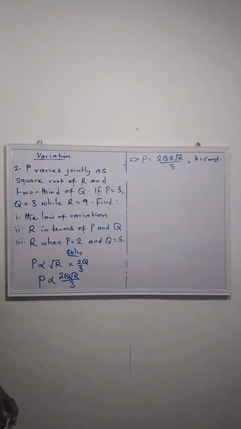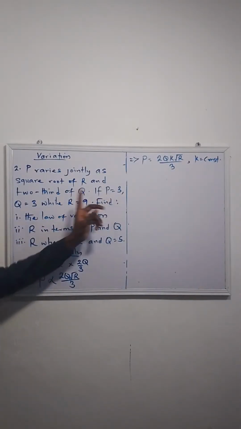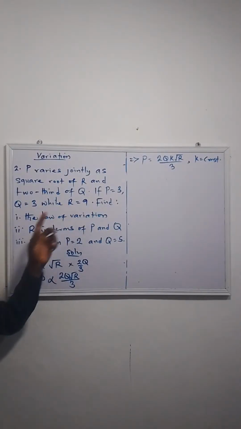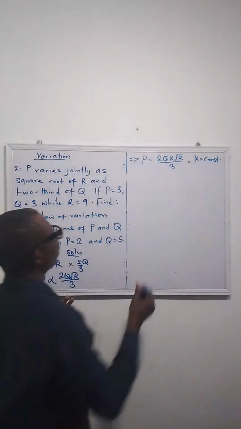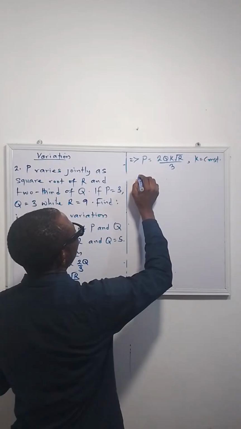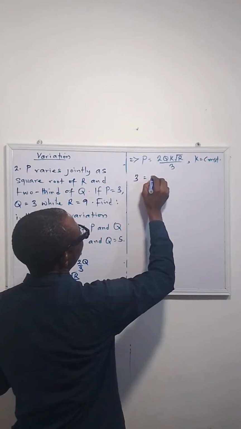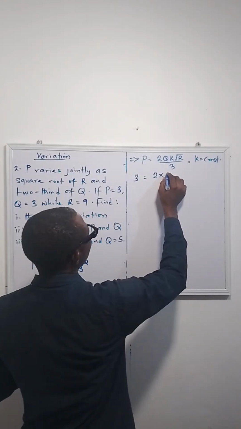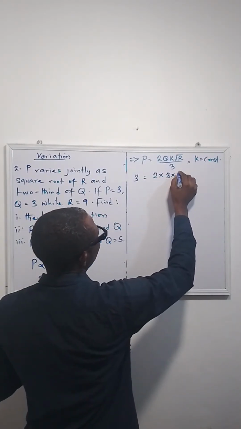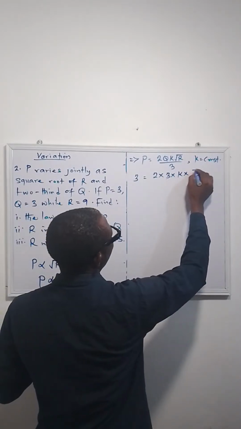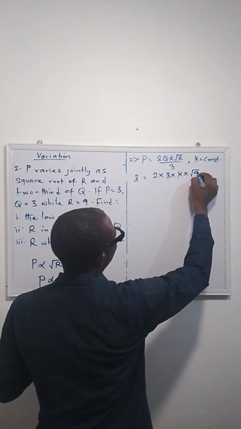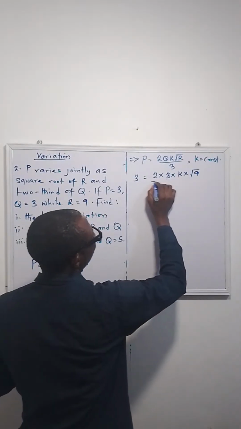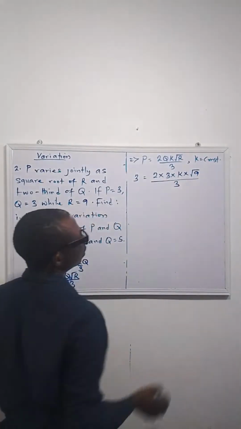All right. So now the next thing is to plug in the values of P, Q, R. Now let's see. P is 3, Q is 3, R is 9. So let's plug that in. We have P is 3, so 3 equals 2 times Q, which is also 3, times K times square root of 9, R is 9, all over 3.